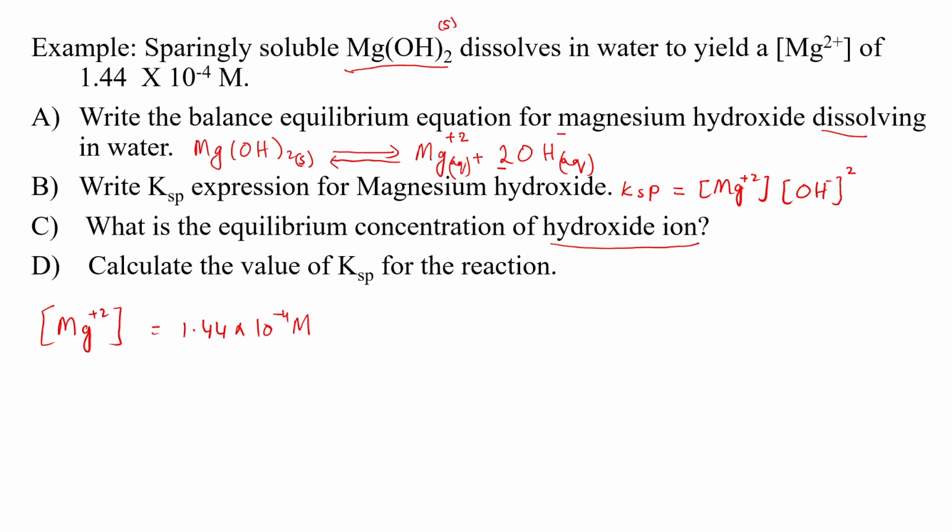So you will be using the mole ratio from this equation to convert the molar concentration of magnesium to the molar concentration of hydroxide. So this is 1.44 times 10 to the negative 4 molar Mg plus 2. Use the mole ratio. 1 mole of Mg plus 2 is 2 moles of hydroxide. This will cancel and you will get the molar concentration of hydroxide.